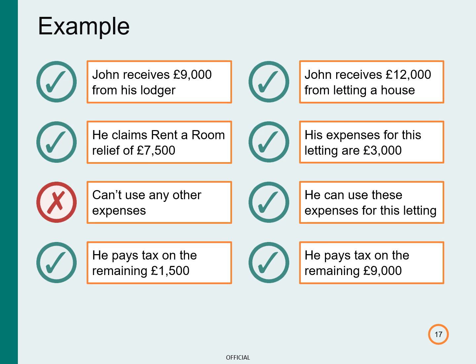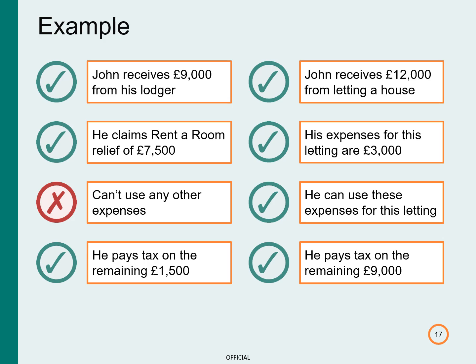His allowable expenses from letting the house are £3,000 in the year, which he can use as an expense, so he'll pay tax on £9,000. If John had £8,000 allowable expenses from letting the room, he'd be better using these instead of claiming rent-to-room relief, as he'd only pay tax on £1,000.